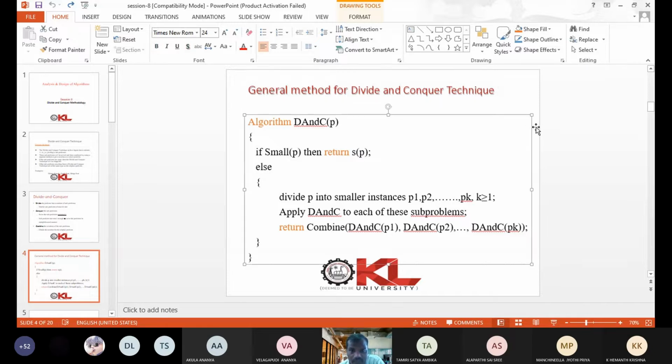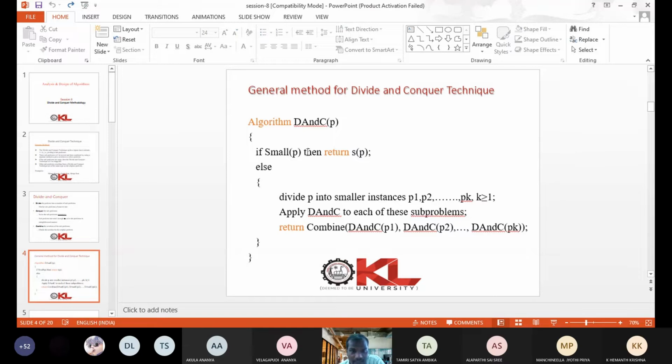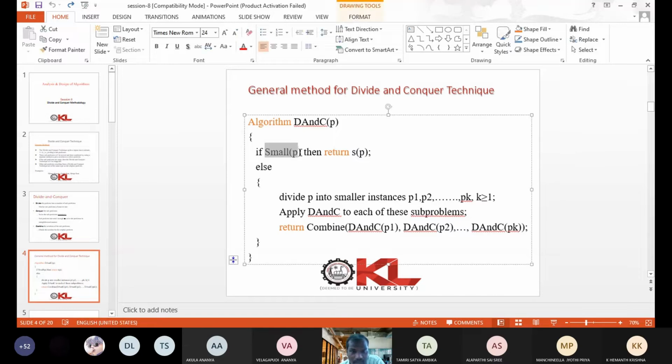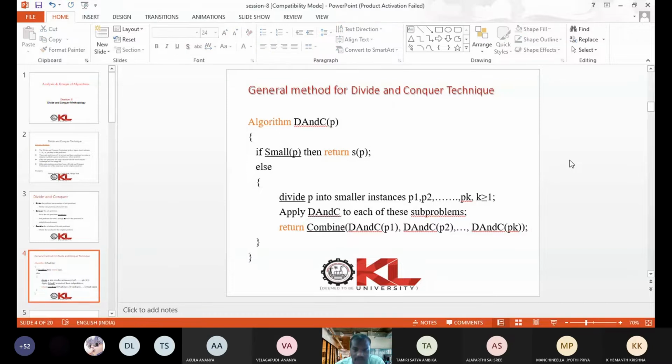Here we are using different functions like Small, which is a procedure. Then we are using some procedure to divide this problem into subproblems. We are applying the same D&C methodology recursively to solve the subproblems. And finally, we are using the combine method to get the solution for the big problem by combining the solutions of the small problems.